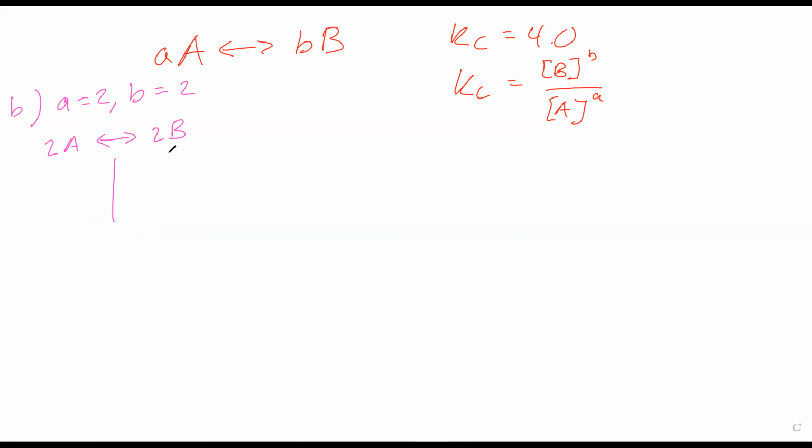Filling in our RICE table, A starts at 1.0, because it tells us it starts at 1.0. We're going to subtract 2x this time, because there's a 2 here. We're going to add 2x this time, because there's a 2 there. And then we have 1.0 minus 2x, and simply 2x there. Plugging this into Kc.